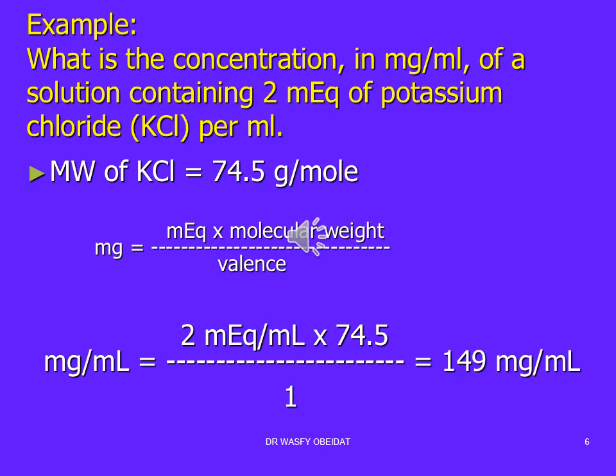So we input all the values. Specifically, we multiply 2 milliequivalents per ml by the molecular weight, which is 74.5, and we divide by the valency for either potassium or chloride, which is 1, and the result is 149 milligram per ml.